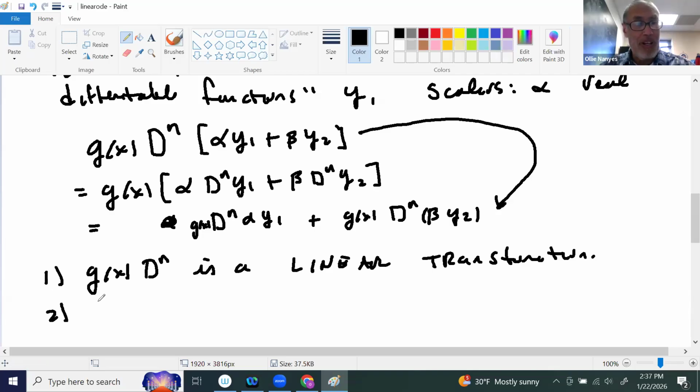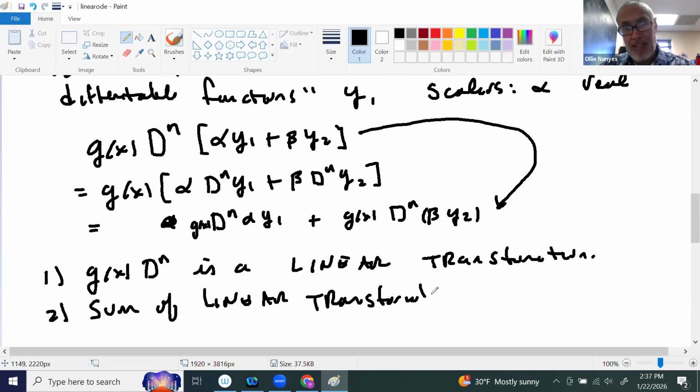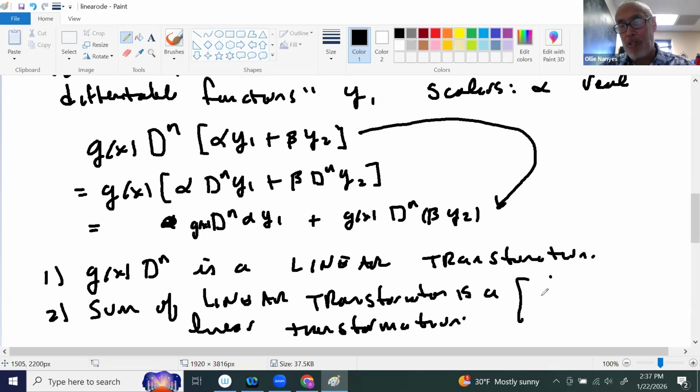And two, the sum of linear transformations is a linear transformation. Now, if you remember your linear algebra, this is what's sometimes called the dual space.